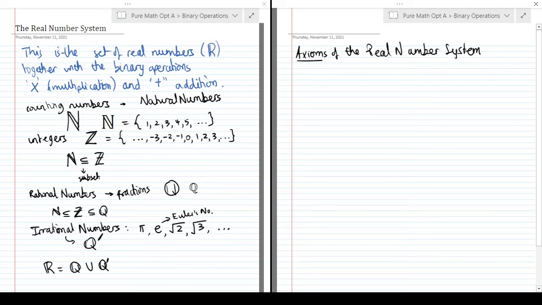So the axioms of the real number system sound very fancy, but I guarantee that most of this you all would have met already, right? Now, I have the list typed out in my notes here, so I'm going to copy and paste this here.